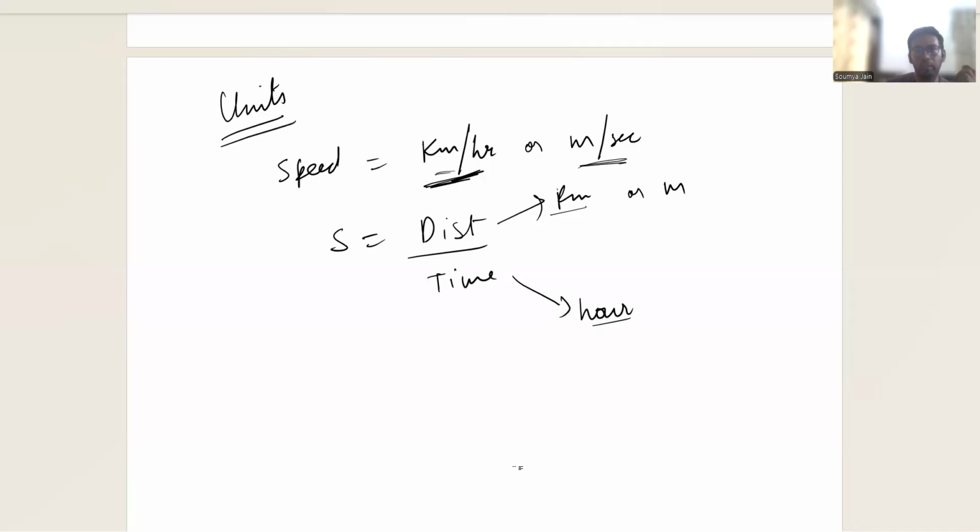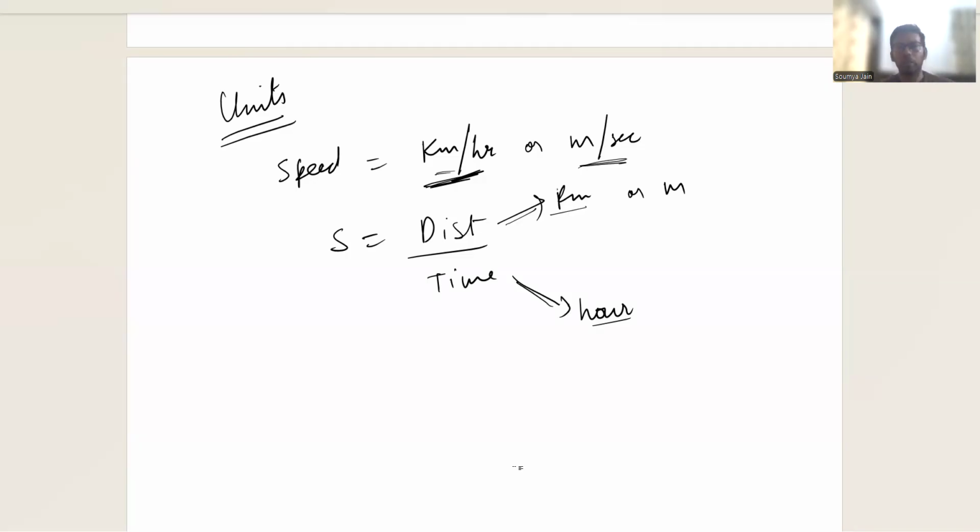And the second point which I wanted to emphasize is the mistake that students often make: they sometimes do not follow the consistency of the units. When you are taking kilometer, take time as hour.